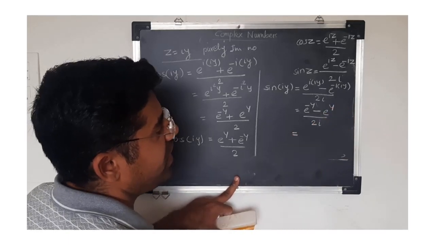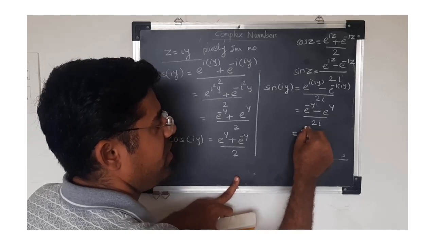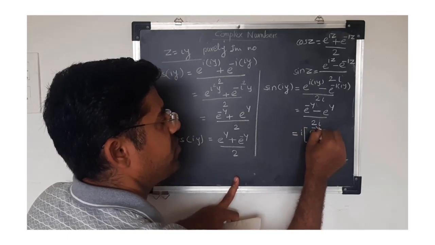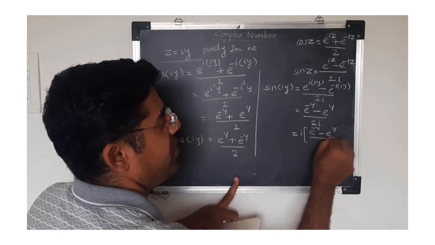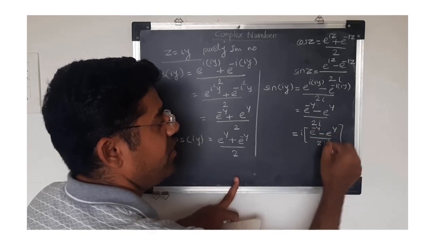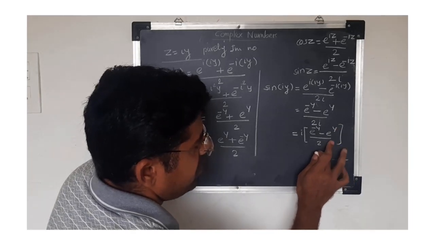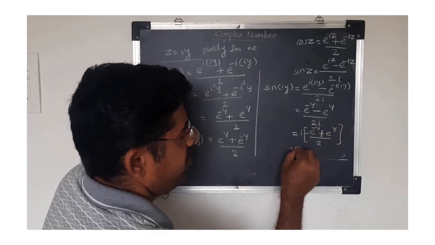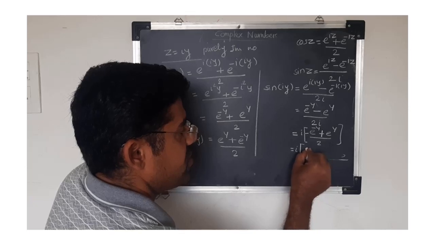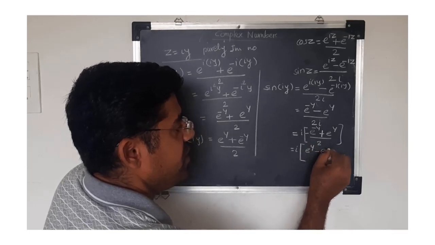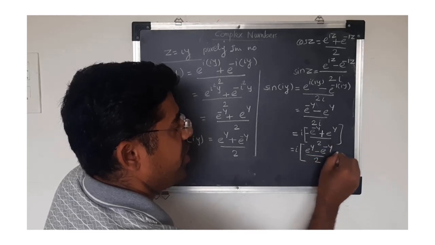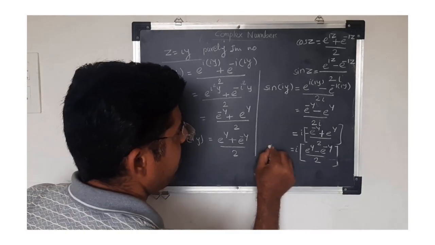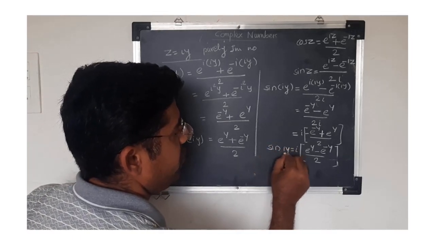We will divide and multiply with i, so what we get is i times (e raised to minus y minus e raised to y) divided by 2i squared. Now i squared is replaced with minus 1, so the sign changes to plus, and that value is i times e raised to y minus e raised to minus y divided by 2. So this is sine of iy.